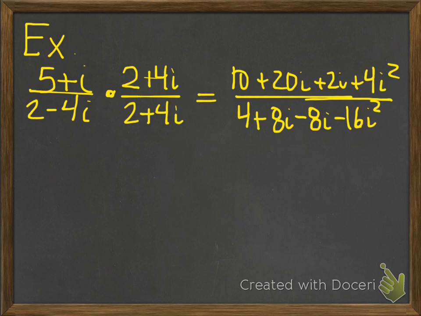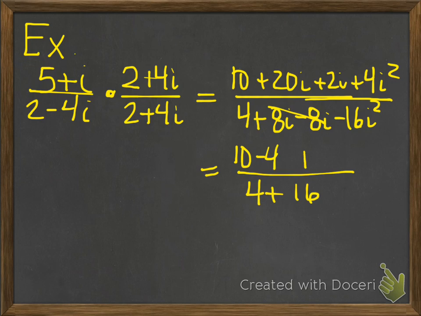If you notice here, the 8i's will cancel out. And I've got 4, and then negative 16i squared, which becomes positive 16. 4 plus 16 will give me 20. On top I've got 10, and the 4i squared will become minus 4. And I can combine the i's: 20 plus 2 is 22i.